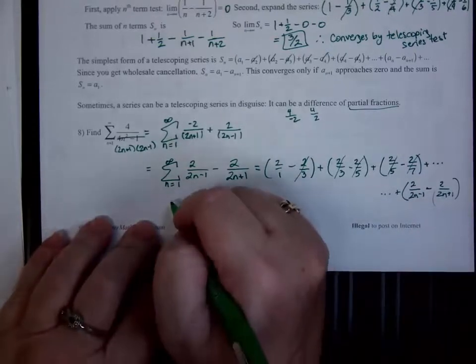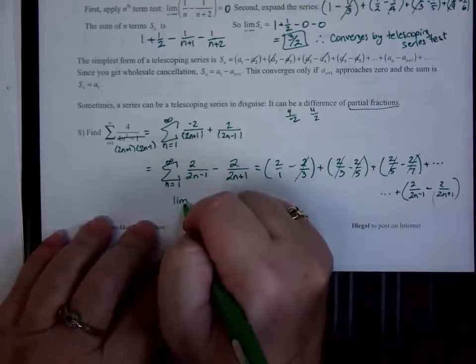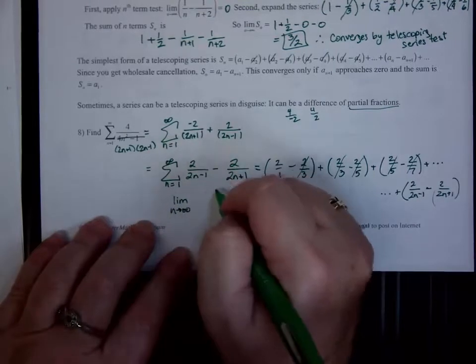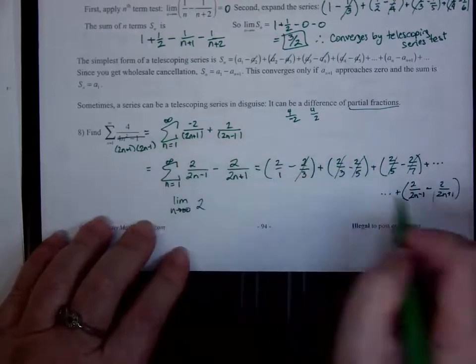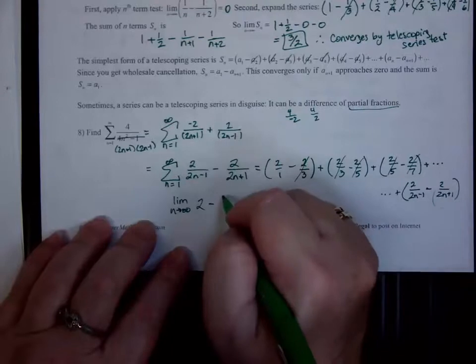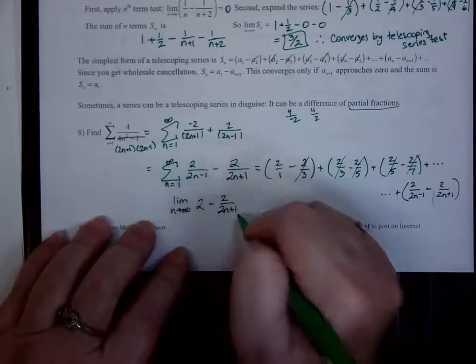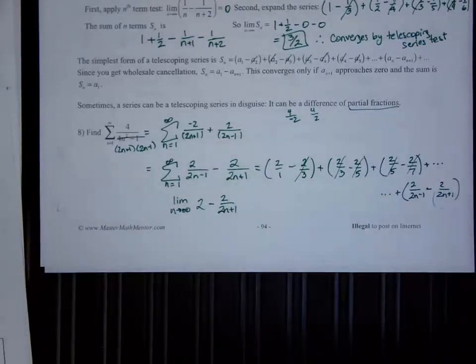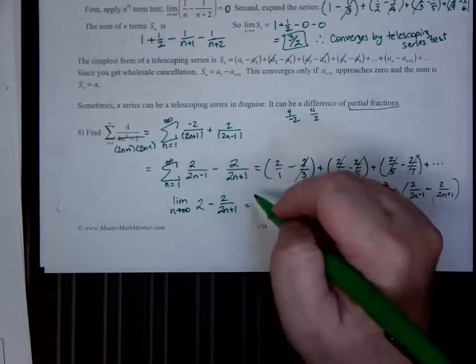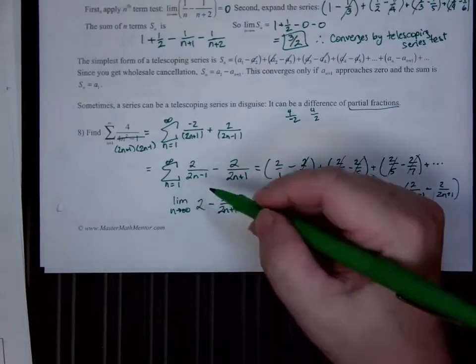So we're going to now take the limit as n approaches infinity of the first term, 2, minus the last term, 2 over 2n plus 1. If there's only 1 on the front end, you get 1 on the back end. So it's the first one on the front, last one on the back. So the limit as n approaches infinity of just a 2, it's just 2.